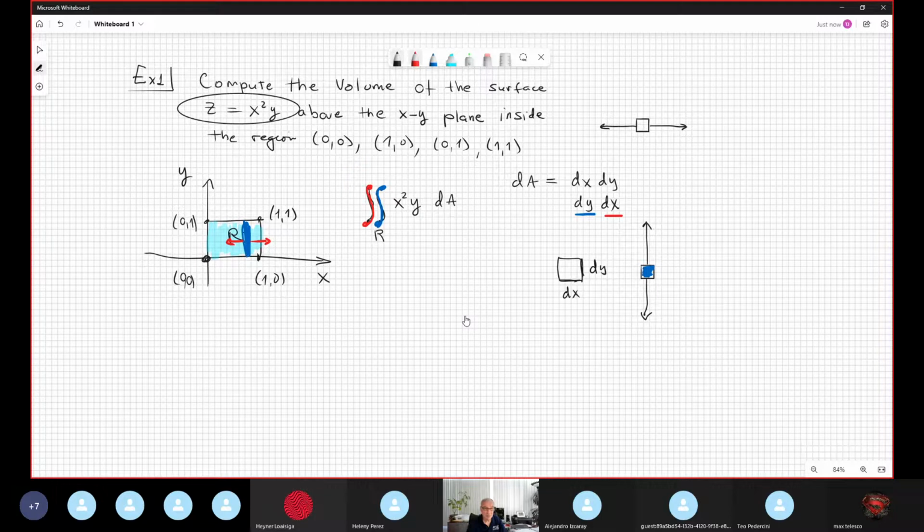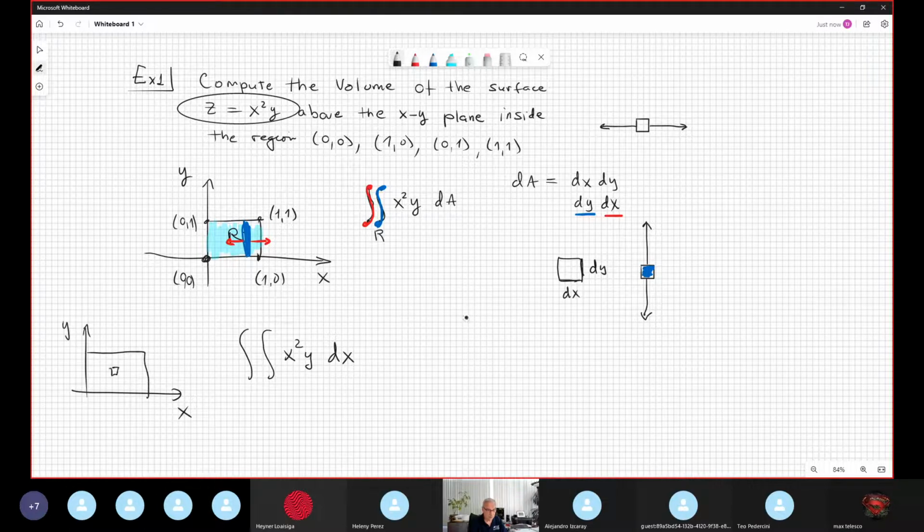Okay. Suppose that I integrate x squared y. I assume I integrate first with respect to dx. Why, professor? Well, because I want to. This is my region, no?